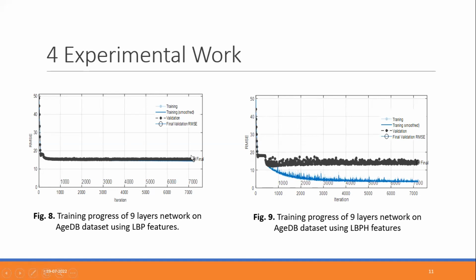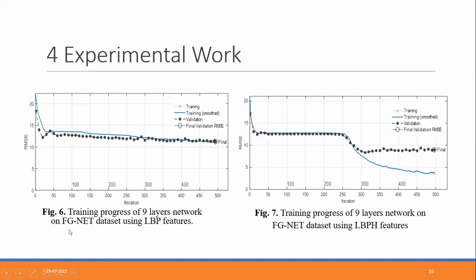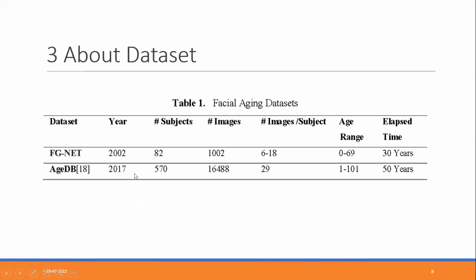The reason I'm getting more error for the ASDB network is, as I have shown you, the ASDB network is a wider network. It has more subjects, more variety, more ages, and that's why.